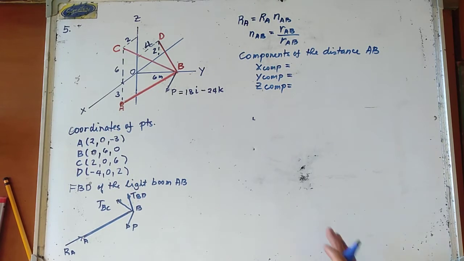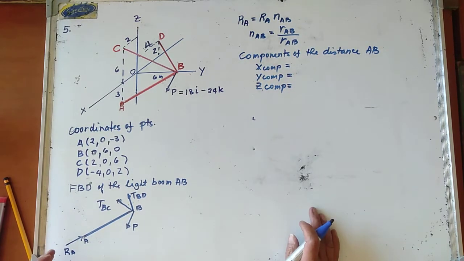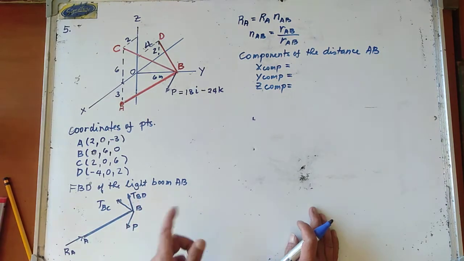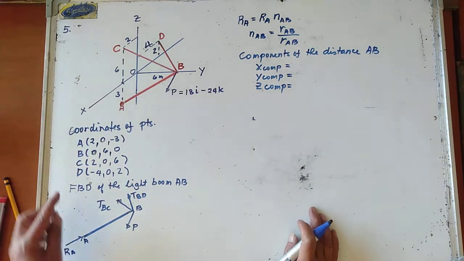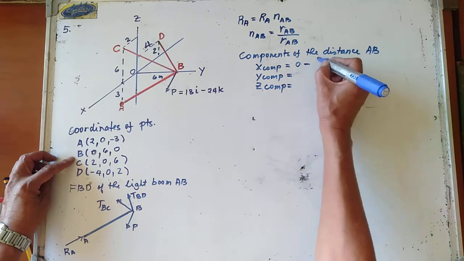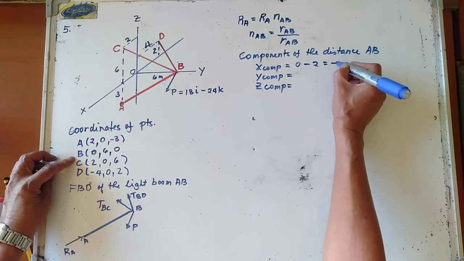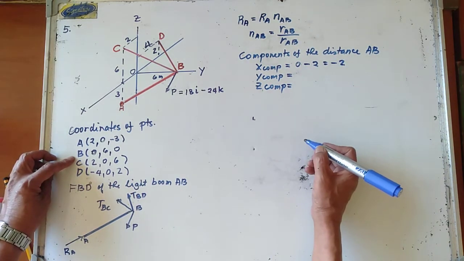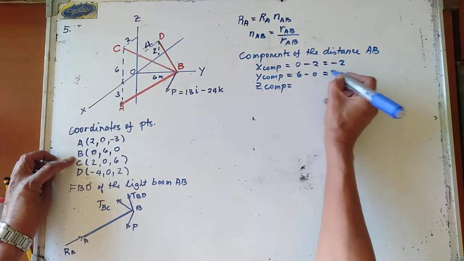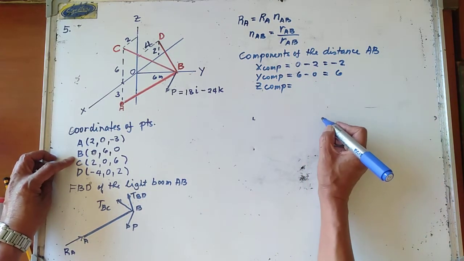Since your RA is directed as shown in the free body diagram, from A to B, it is B minus A. So we have 0 minus 2, that is negative 2. 6 minus 0, so that is positive 6.